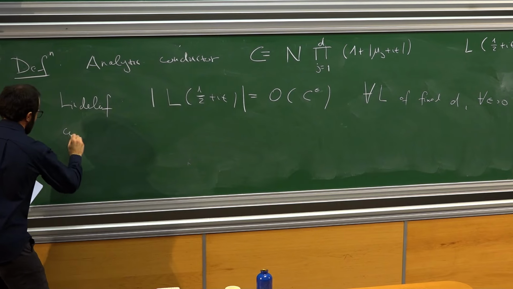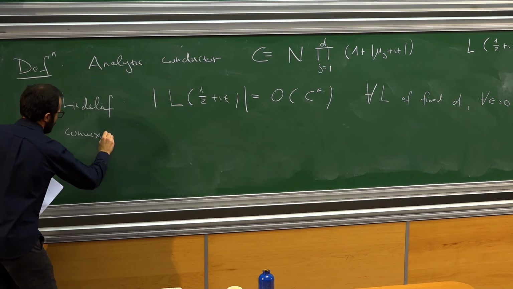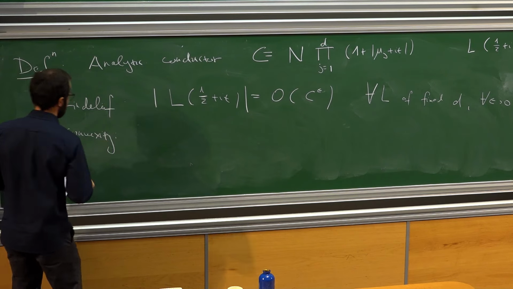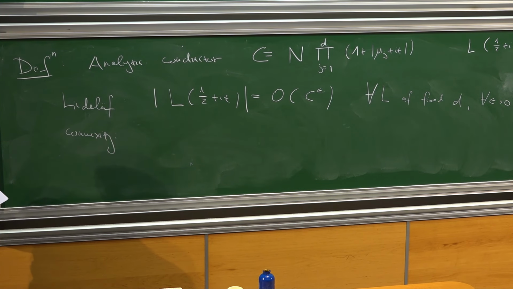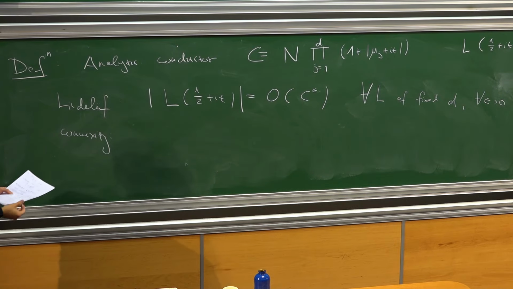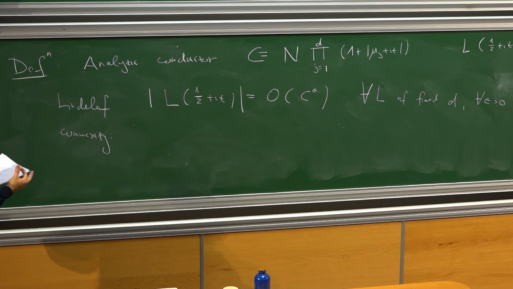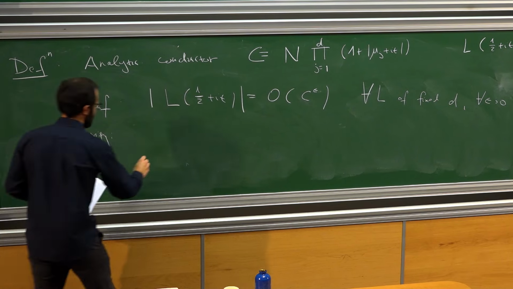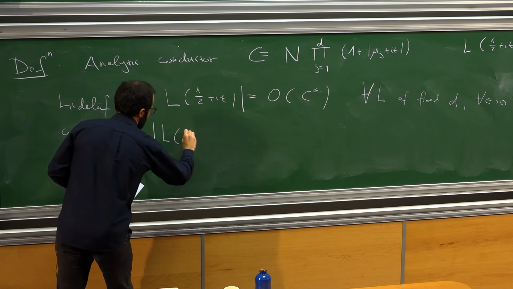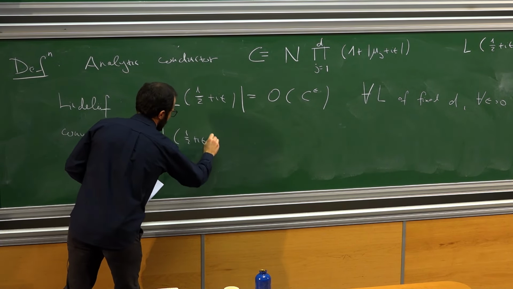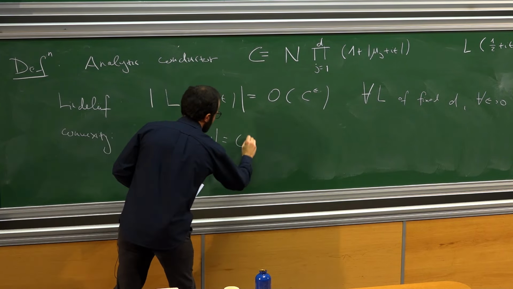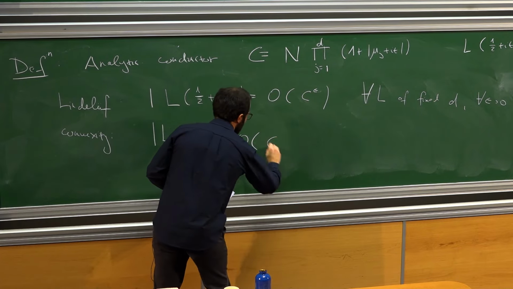And again, there is a convexity bound, which can be proven essentially from the functional equation, or something called the approximate functional equation, that the function is bounded by C to the 1/4.